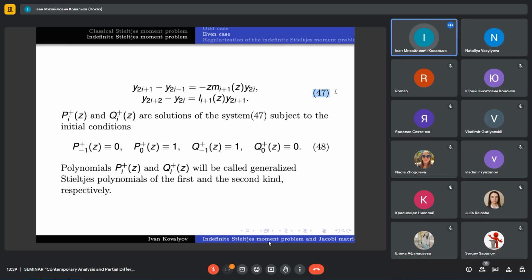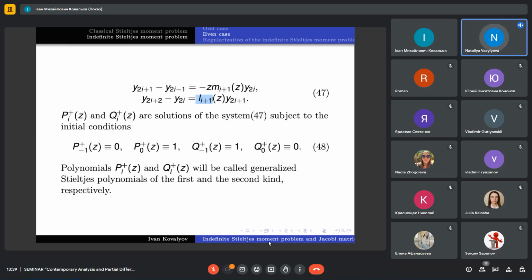We used some facts about continued fractions. A continued fraction is associated with a difference system, and the items M and L are generated.